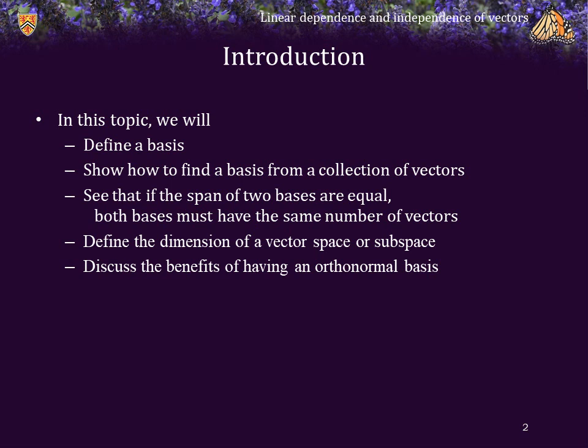We will define the dimension of a vector space or subspace based on the number of basis vectors, and we will see now why we can call, for example, R3 a three-dimensional vector space. We will also then further go on to discuss the benefits of having an orthonormal basis.